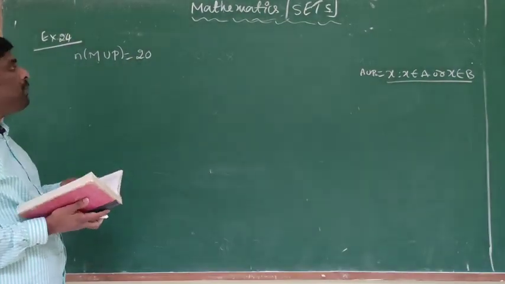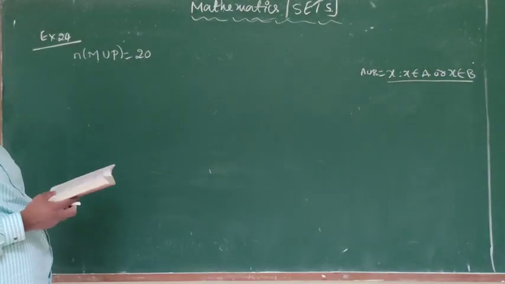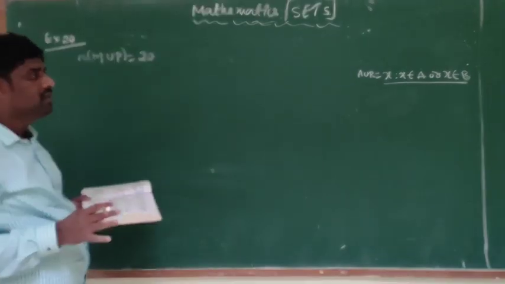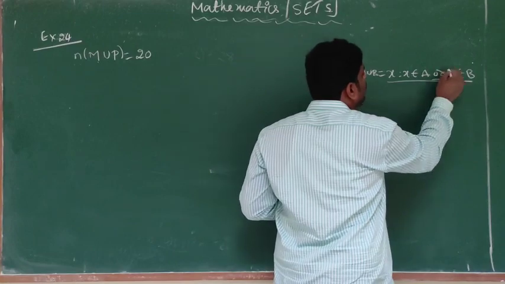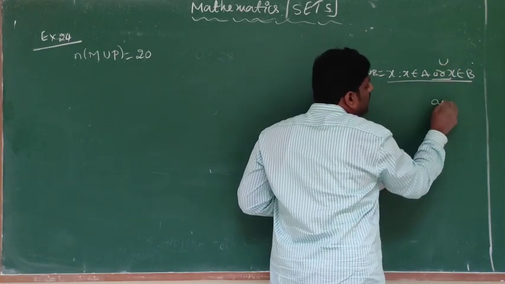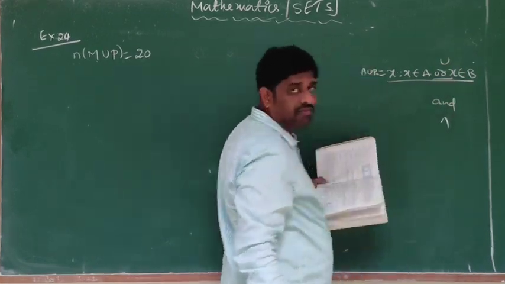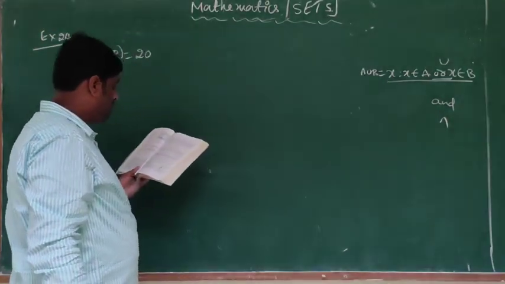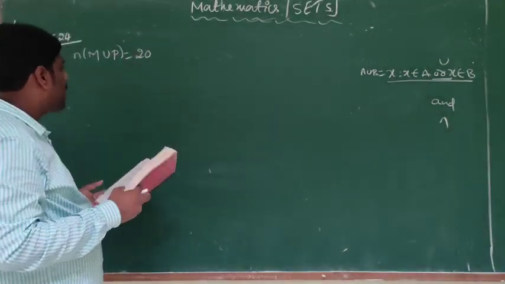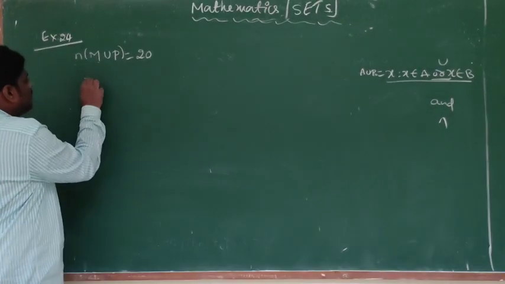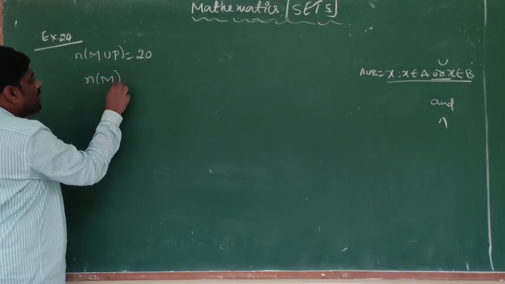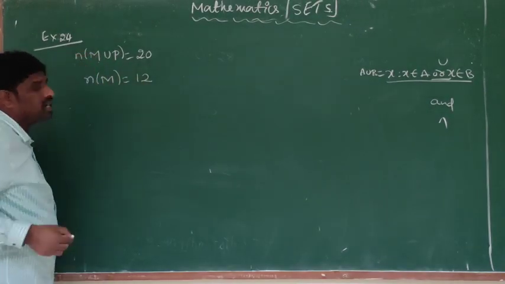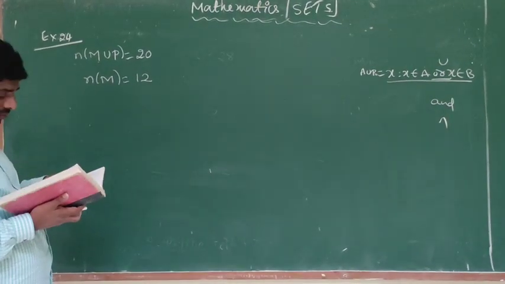Okay, 20 people can teach mathematics or physics. Here union means 'or' and intersection means 'and'. Next, 12 teach mathematics. n of M is given, that is 12.